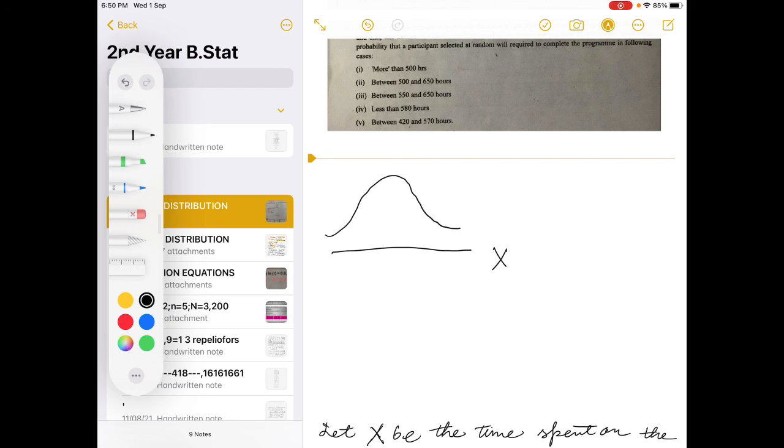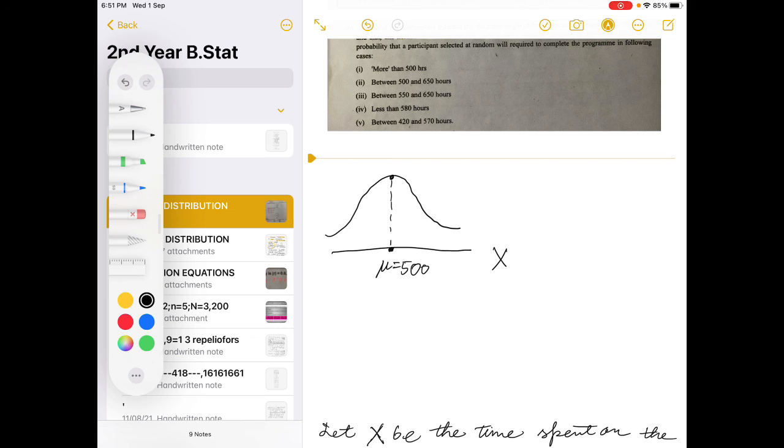So the height of this curve is measured on my y-axis, which is the probability of the value of x for which we are seeing the probability of occurrence. For example, in our example here, our mean is 500. So what is the probability that this mean of 500 will occur? We are measuring that on the y-axis on this particular curve. Similarly, any value of x has a certain probability of occurring.